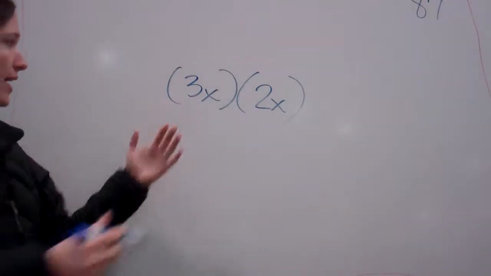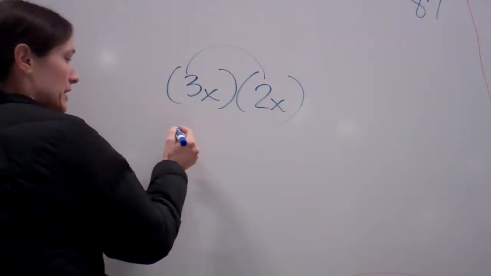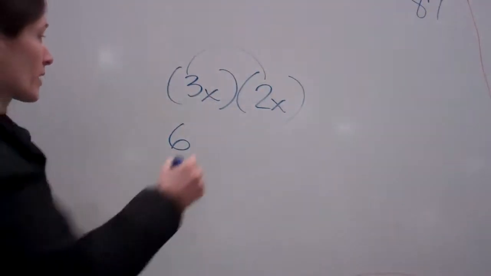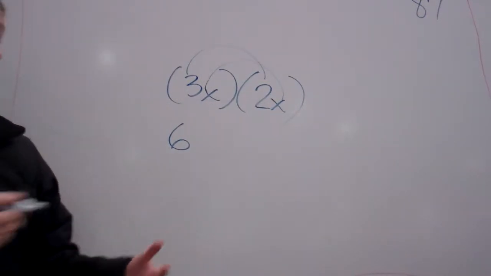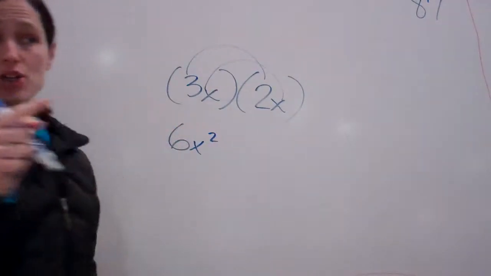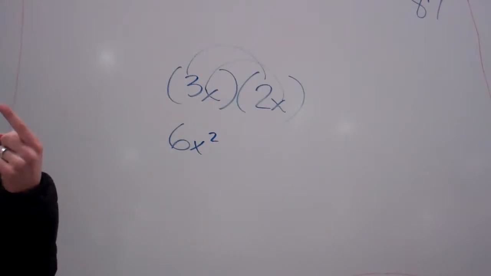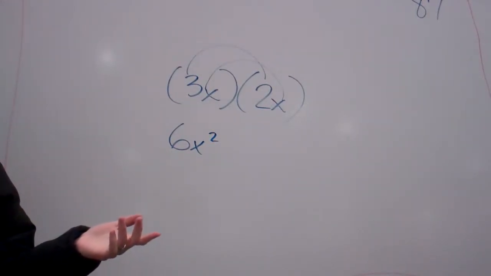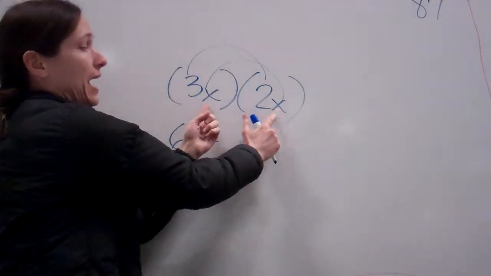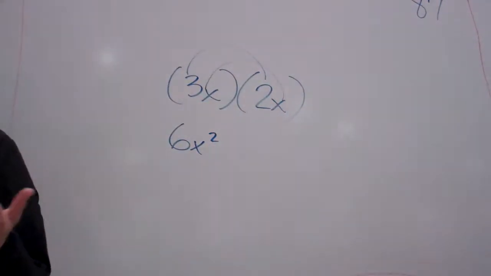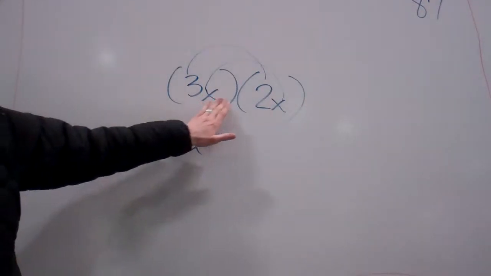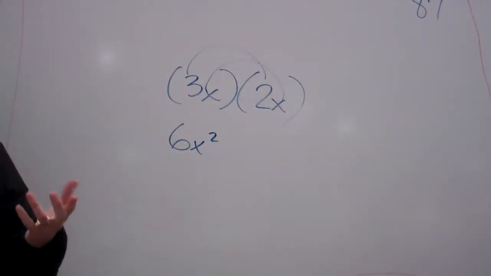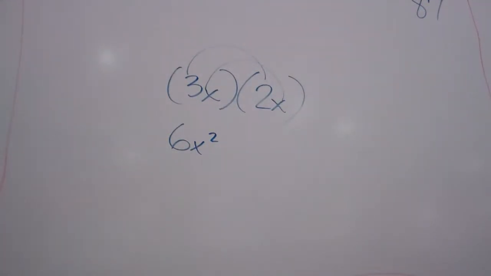So right now I have 3 times 2 is 6, and x times x is x squared, okay? And that's where I need y'all to really pay attention, that I didn't just leave the x as x. You also have to multiply your units, or in this case just the algebraic terms. So x times x would be x squared. Everybody gets that? Okay, let's go a little bit deeper.